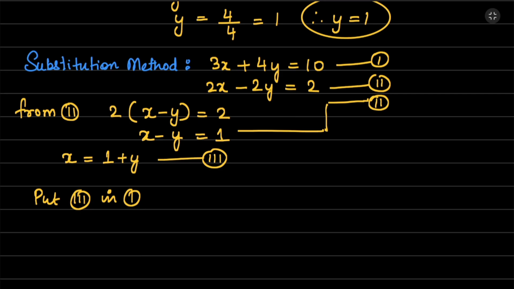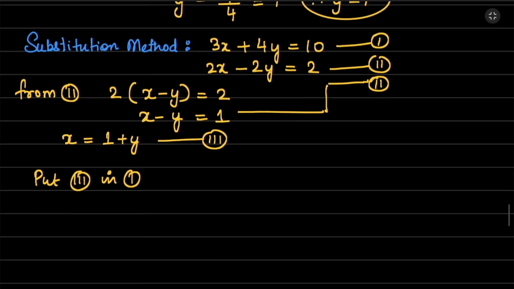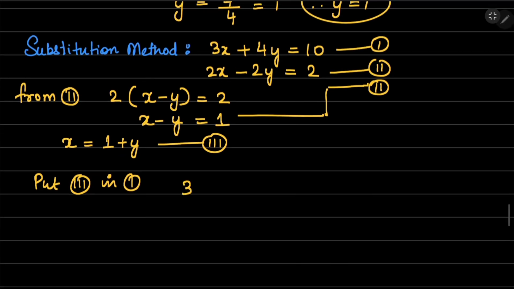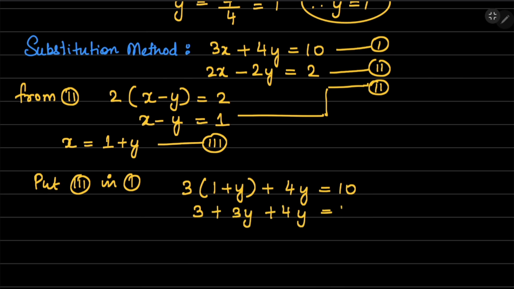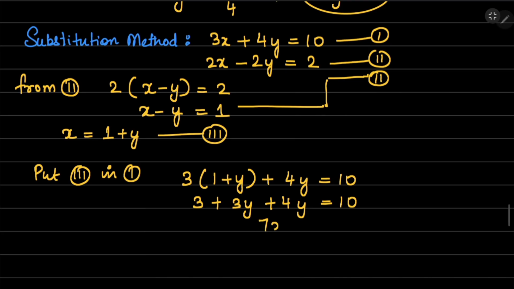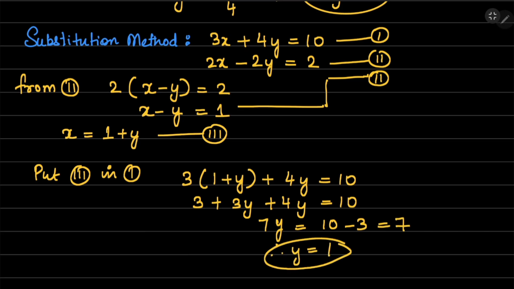So I will substitute this value in equation 1. 3 multiplied by, in place of x, I'll put 1 plus y, plus 4y is equal to 10. So 3 plus 3y plus 4y is equal to 10. So 7y is equal to 10 minus 3, which is 7. Therefore, y is equal to 7 by 7, which is 1.